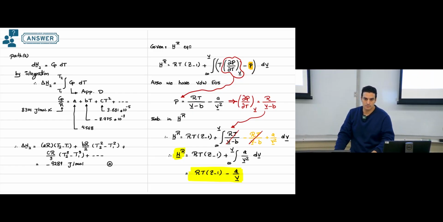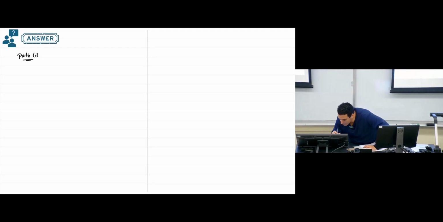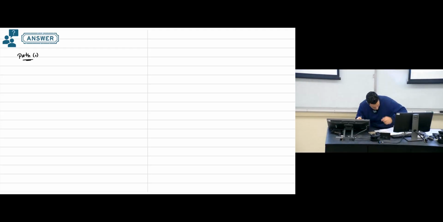Okay, so if we did this for the first path, for path number 1, we have P1 of 1 megapascal, we have temperature 600 Kelvin, and they will change to 0 megapascal, 600 Kelvin.